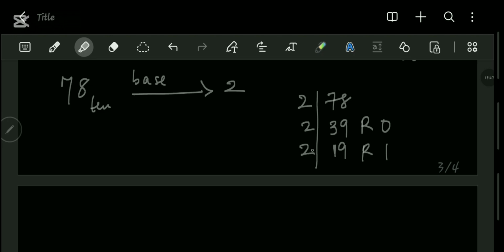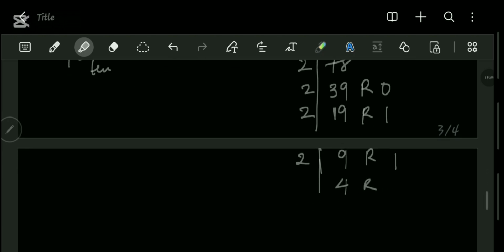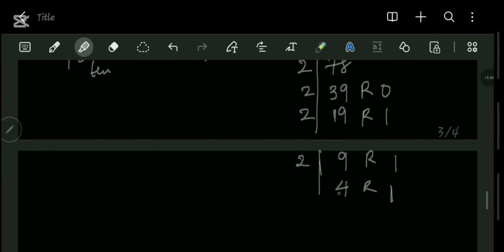And then when 2 goes in 19, that's 9, because 2 times 9 is 18, remainder 1, right? And then when 2 goes in 9, that's 4, remainder 1, because 2 times 4 is 8, plus 1 is 9. And then 2 goes in 4 is 2, remainder 0, right?